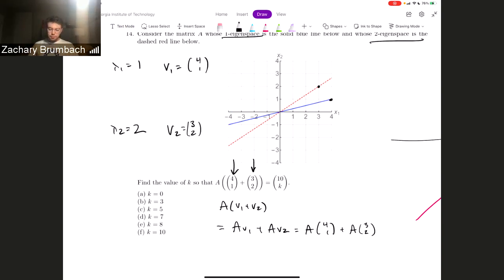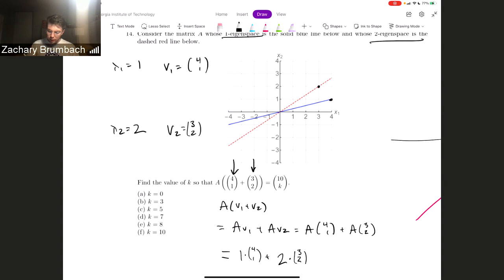Because these are eigenvectors, we know A times that vector is just equal to lambda times that vector. So this is equal to lambda 1, which is 1, times the respective eigenvector 4, 1, plus lambda 2, which is 2, times v2, which is 3, 2.